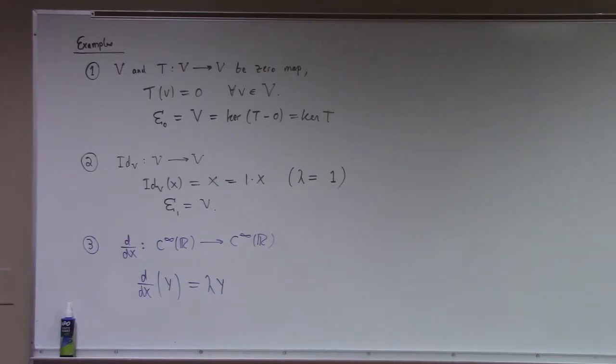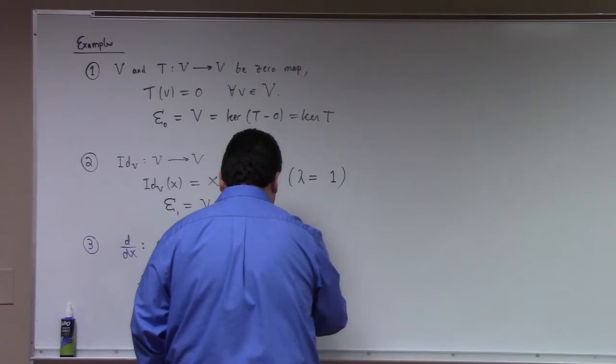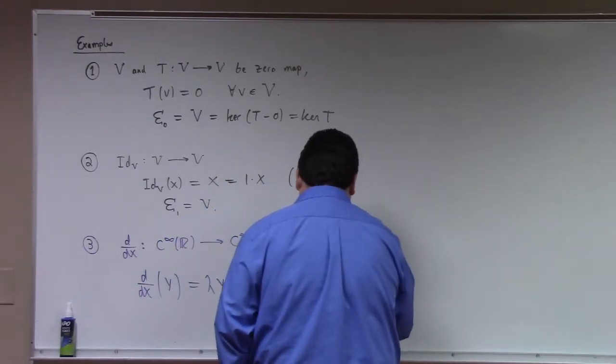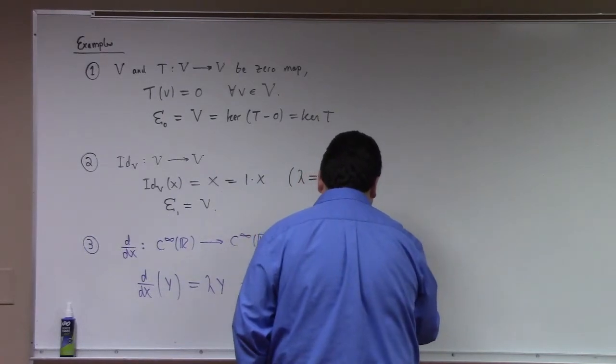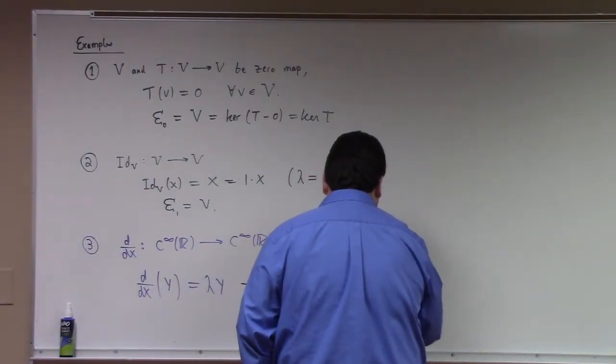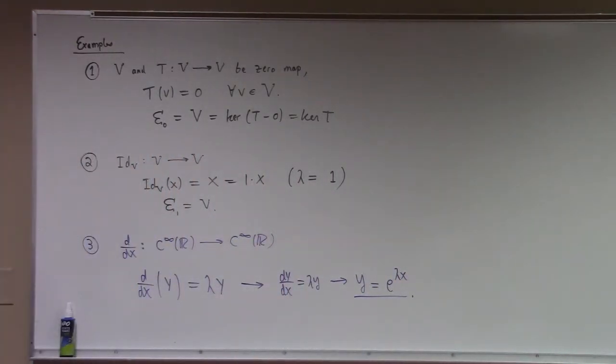In other words, dy/dx is equal to lambda y, which, if you've had differential equations, you would recognize the solution is y equals e to the lambda x. This is, in fact, a solution to that differential equation, because if you differentiate e to the lambda x, you get lambda e to the lambda x, which is to say that it solves that differential equation.